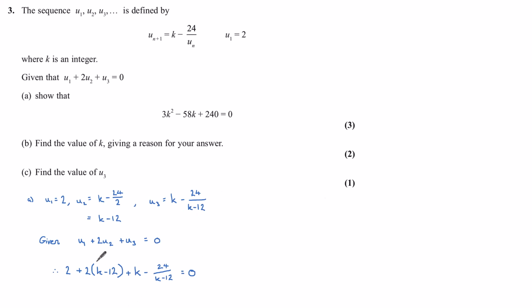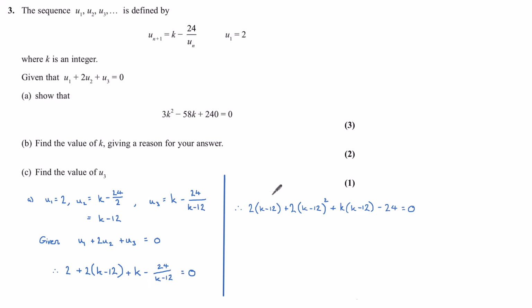Our job now is to rearrange this and hope that we get 3k squared minus 58k plus 240 is equal to 0. The first step I'm going to take is to multiply every term by k minus 12. So 2 times k minus 12 plus 2 lots of k minus 12 all squared plus k times k minus 12 minus 24 is equal to 0.